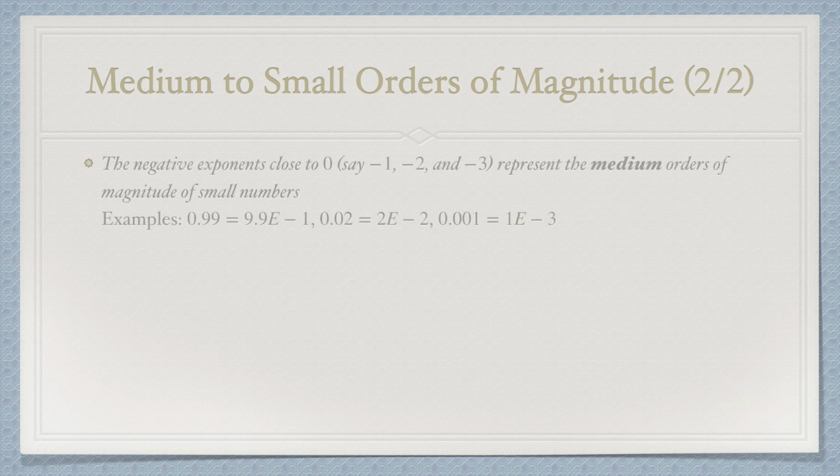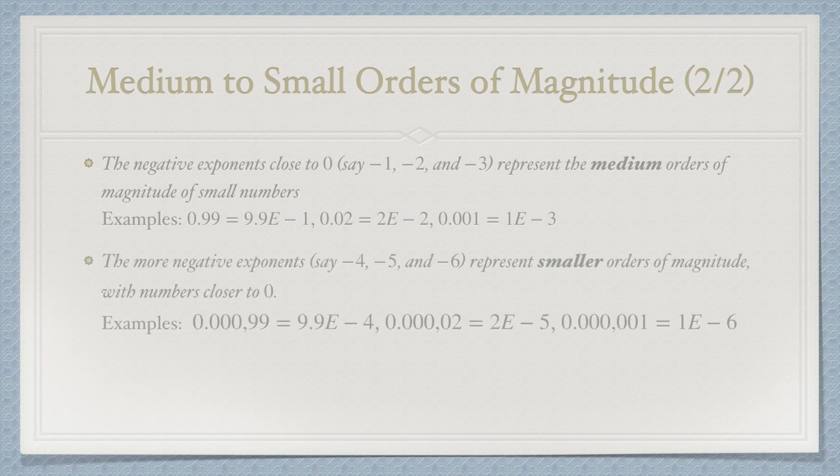The negative exponents close to 0, say minus 1, minus 2, and minus 3, represent the medium orders of magnitude of small numbers. For instance, 0.99 is 9.9 e minus 1, 0.02 is with the power minus 2, and 0.001 is with the power minus 3.